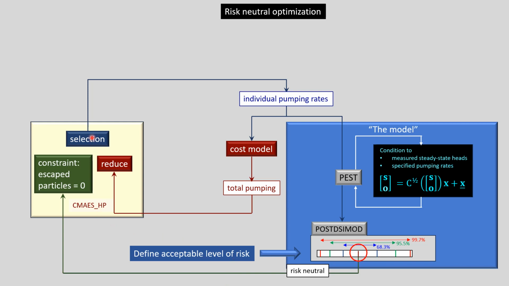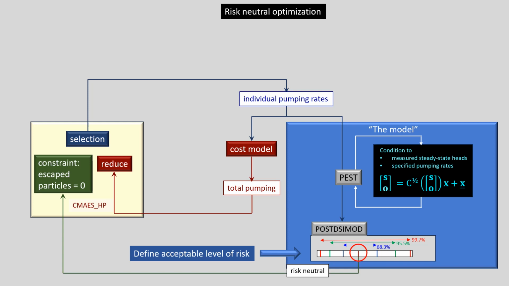Whenever it selects a pumping rate, we calculate the cost, and then the model that the optimizer runs is PEST, conditioning this statistical model on the measured steady state heads and on the pumping rates that have just been supplied to it by the CMAES-HP global optimizer.